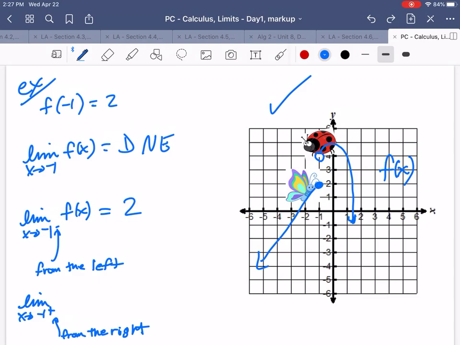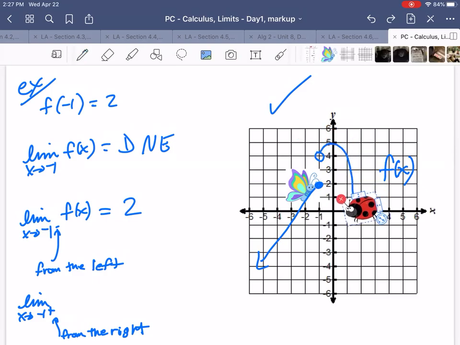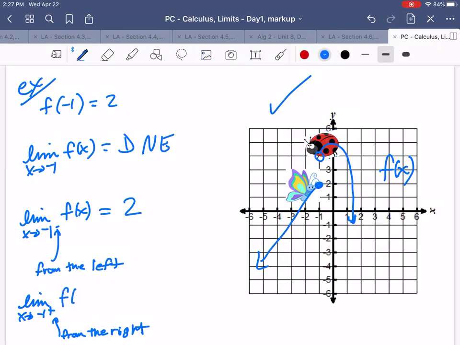Okay, so it's basically whatever the ladybug's doing. So you're like, oh, she's coming around and stopping at 4. Okay, so if somebody asks you that, you could say 4. So these left and right limits have answers, but do you notice they don't agree?